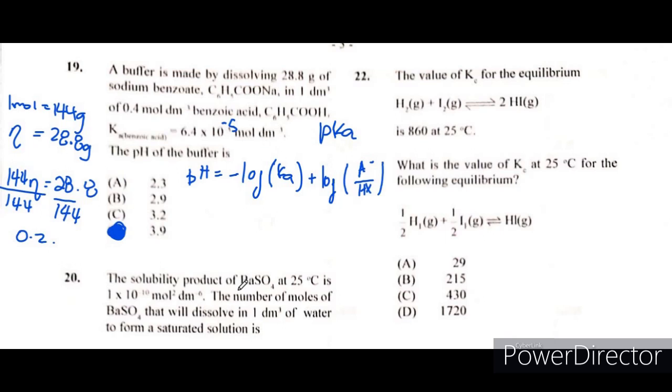So to find the Kc for that, using the Kc above, we find the square root of Kc. The square root of 860 is 2 root 215, which is 29. So the answer for 22 is 29.